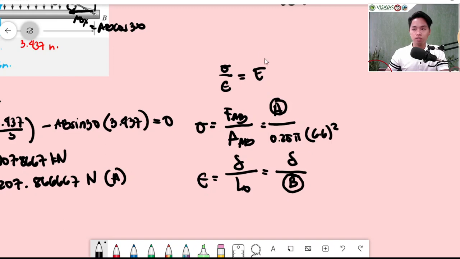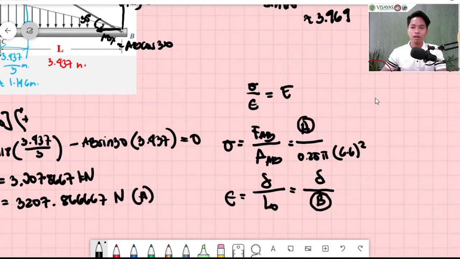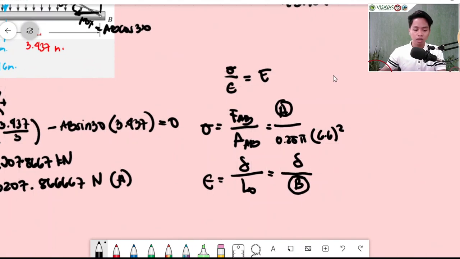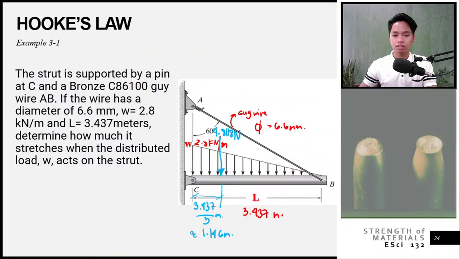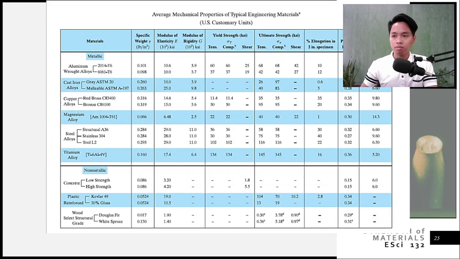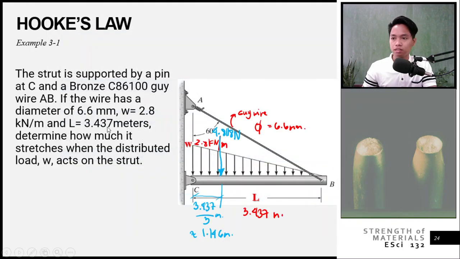So, how are we going to find the value of E? We will use the table. The material to be used is bronze C86100 guy wire.